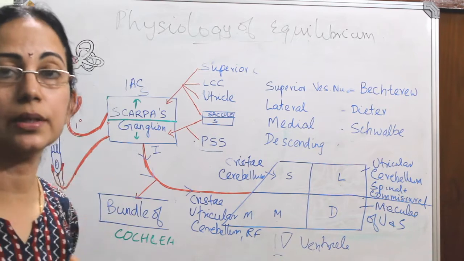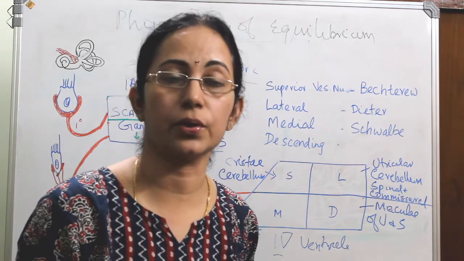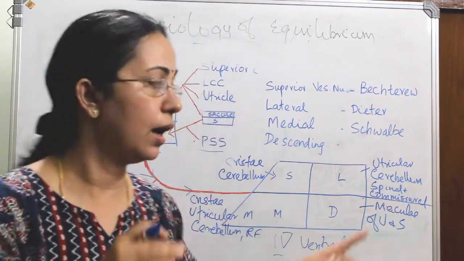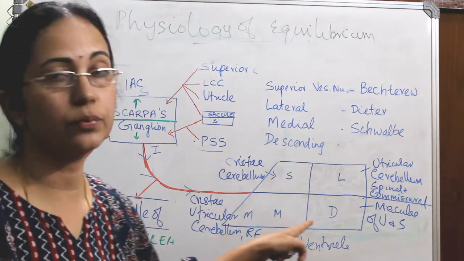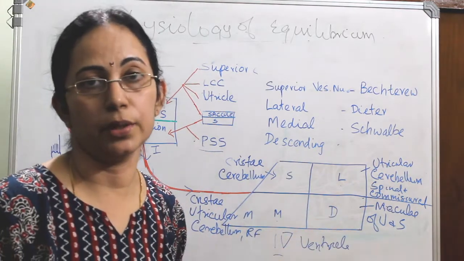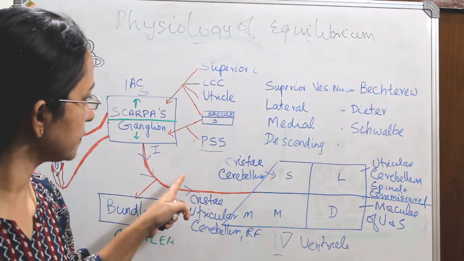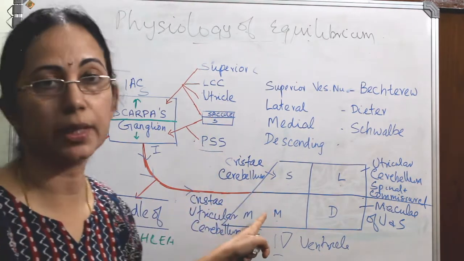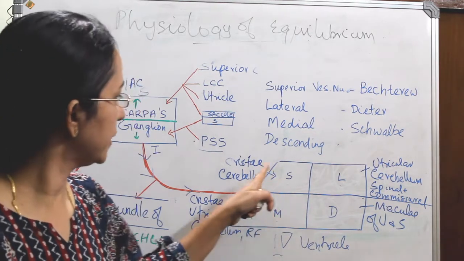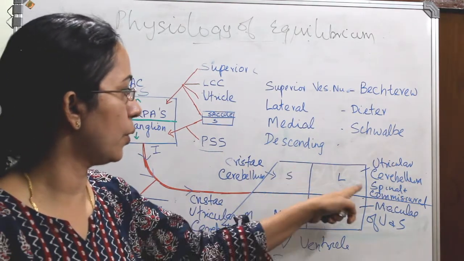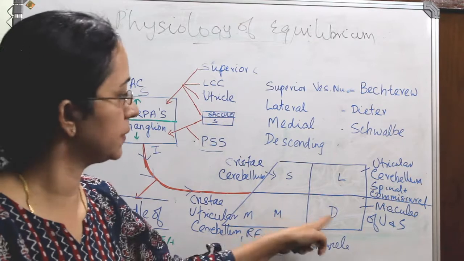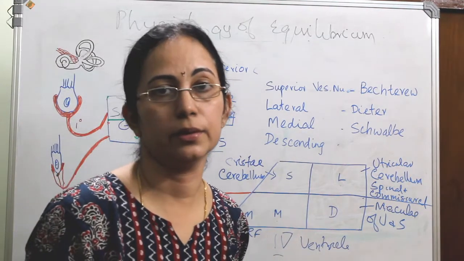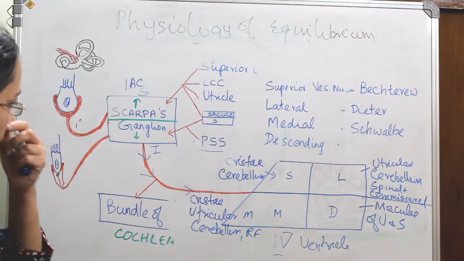But the afferent fibers from the utricle are going to all the 4 parts of the vestibular nucleus. And the semicircular canal crista are going to superior and medial only. And the cerebellum also goes to all the other 3 except the descending part. Okay, that you have to remember.